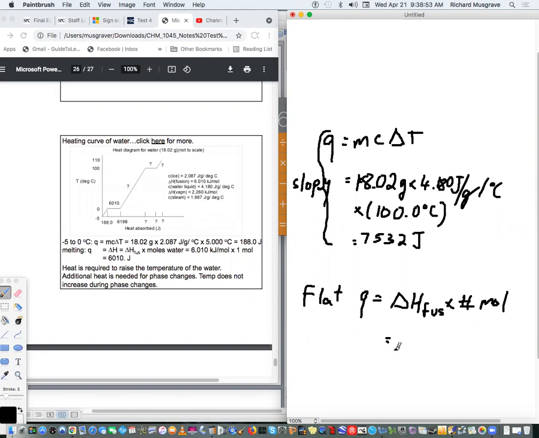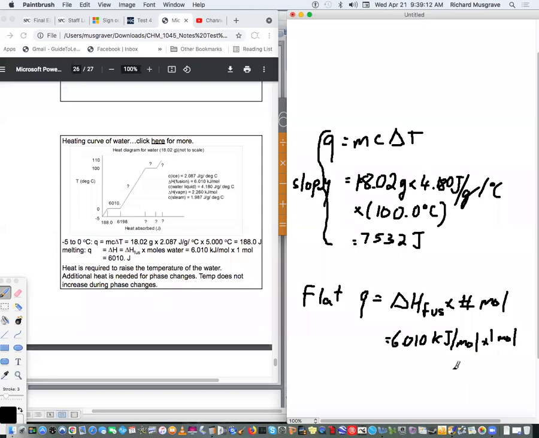So by multiplying by the moles, you end up getting kilojoules. As we already stated, I used 18.02 grams of water because that is 1 mole of water. So I'm going to multiply by 1 mole.